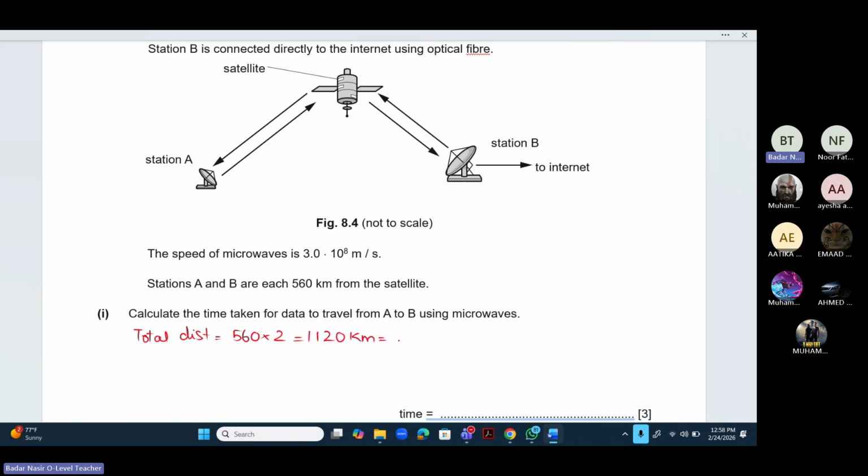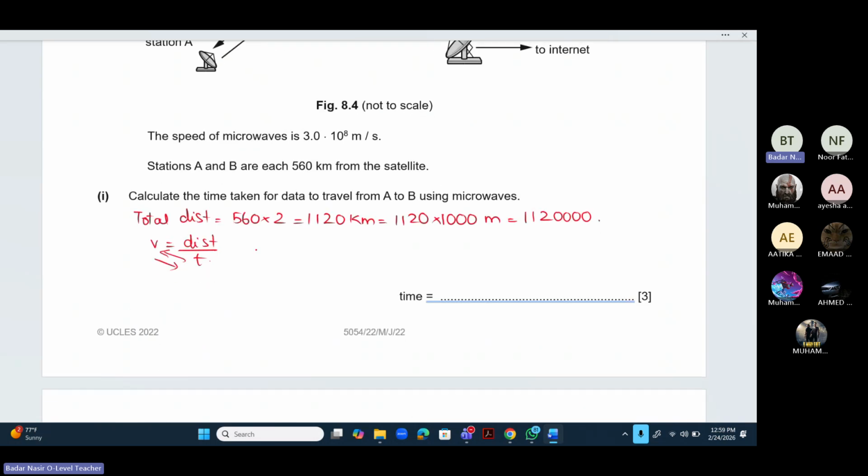We have to convert it into meters, so we multiply it by 1000. So we get 1, 1, 2, then four zeros: 1 1 2 0 0 0 0. The speed is given. What is the formula for speed? Distance over time, and we have to find time. So I swap time and speed: time is equal to distance over speed. In place of distance, 1120000 meters, and the speed is 3 multiplied by 10 to the power 8.